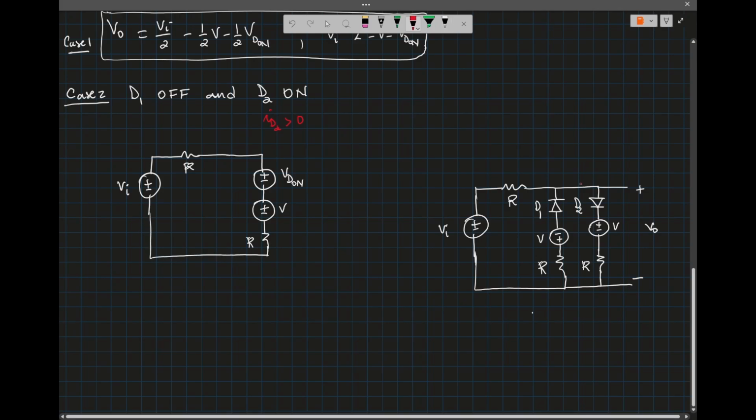I'm taking this branch now, and the voltage is still V0 there.